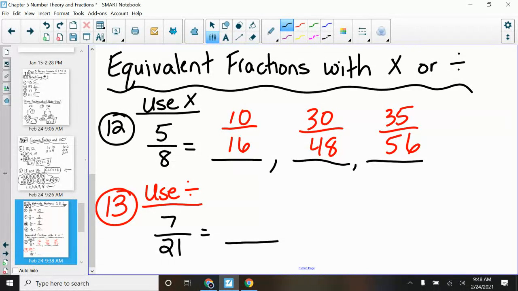Now remember, to do this, you have to know what the greatest common factor is between 7 and 21. Is it 7? And remember, the trick in finding the greatest common factor is asking yourself, will the numerator go perfectly into the denominator? If it will, then boom, you know what the greatest common factor is.